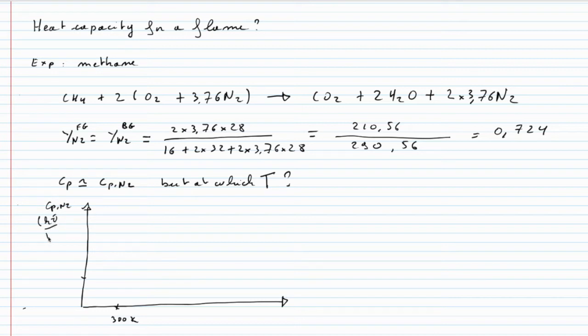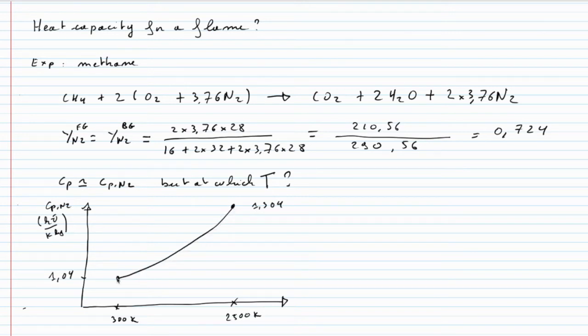In the fresh gases, the temperature is most of the time around 300 Kelvin. At 300 Kelvin, the heat capacity of nitrogen is about 1 kilojoule per kilogram per Kelvin. Typical temperatures of burned gases are around 2500 Kelvin.